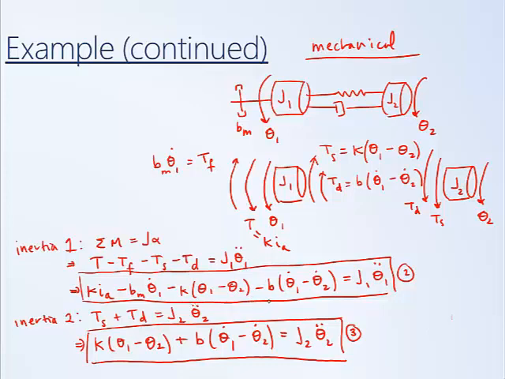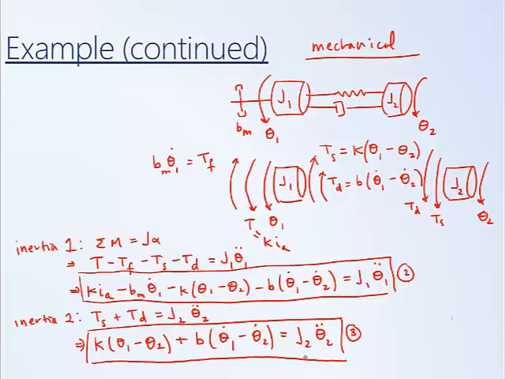If I distribute this negative B, this becomes positive. So all the theta 2 terms in this equation are positive. If I add all of these negative theta 1 terms to the right-hand side, then the theta 1 double dot, theta 1 dot, and theta 1 terms are all positive. And so we have the same signs, and this is a good check.